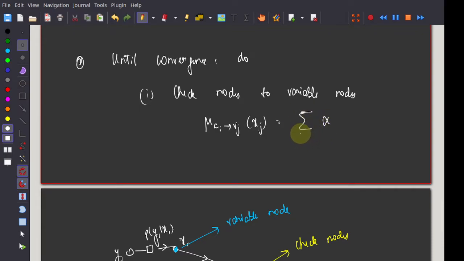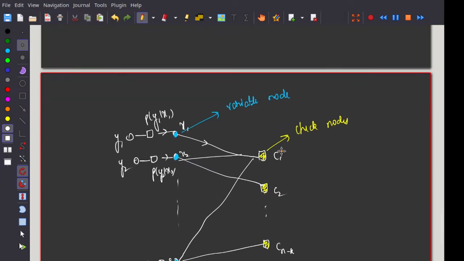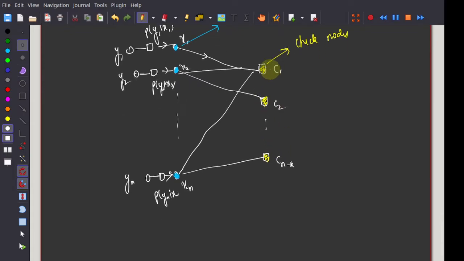a summation over all. So remember, what is the ith check node a function of? It's basically a function of all the x's which are neighbors of this particular check.